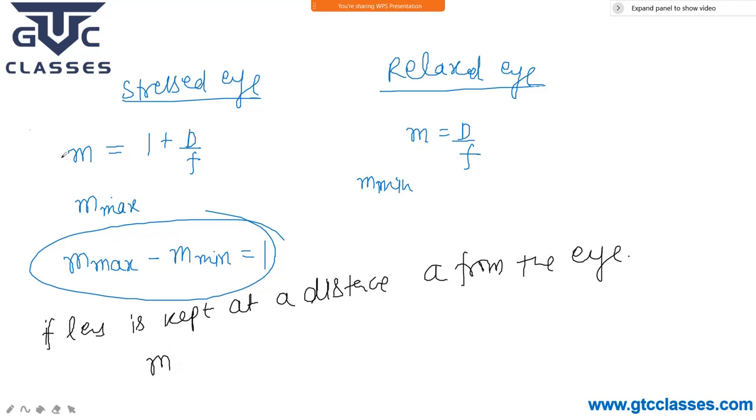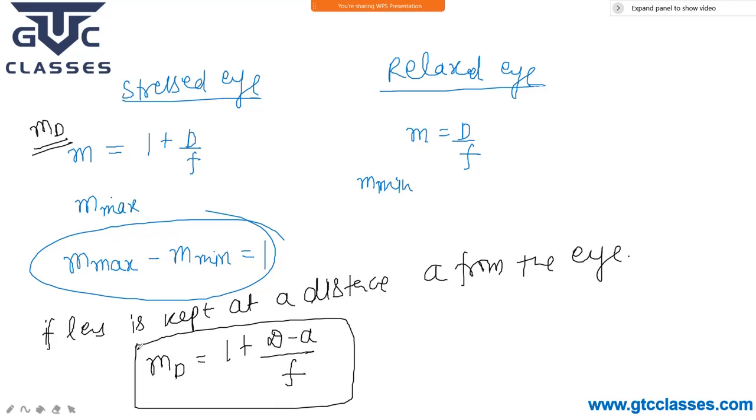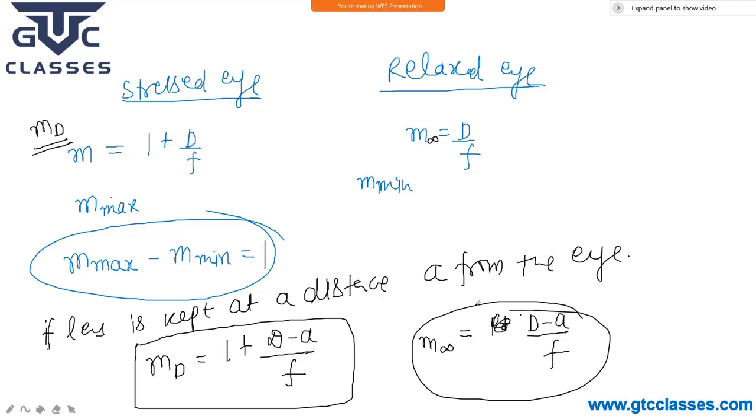We also sometimes call it M D because it is at a distance D. It will become 1 plus capital D minus small a by f. That's the only difference. And M infinity, this is called M infinity, equals 1 plus D minus a by f. That's the other one. Clear? We have only subtracted the a because it is at a distance a. Clear? Getting it?